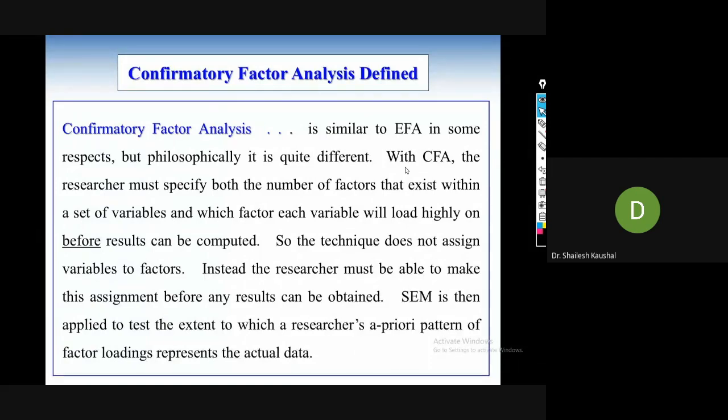Before applying confirmatory factor analysis, the researcher decides how many factors to take to explain the theory. For example, service quality has 5 components. The researcher decides in advance to take 5 components to explain service quality, and each component or factor has 4 or 5 measured variable questions.